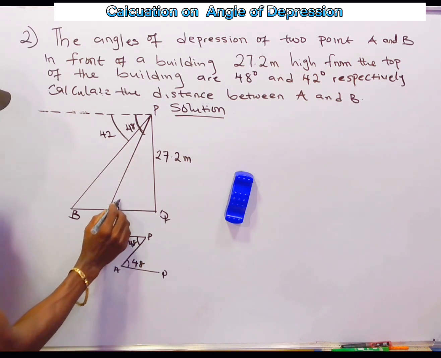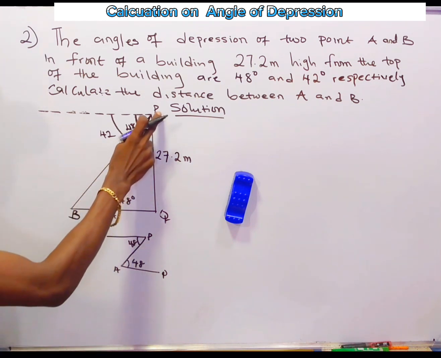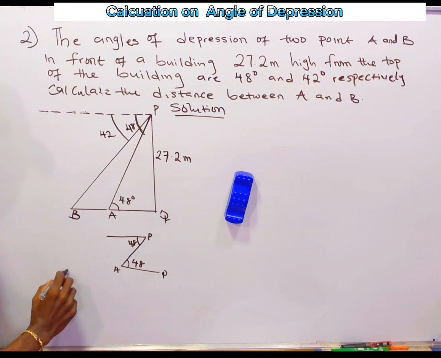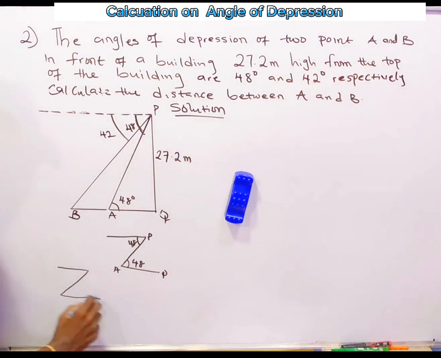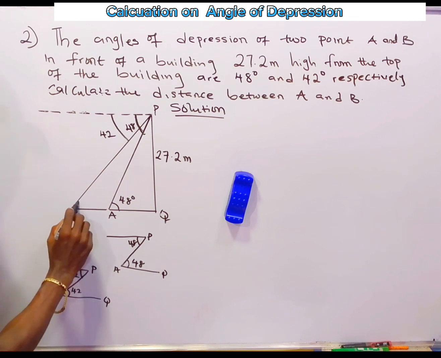So angle A is 48 degrees. Also, PBQ, the alternate angle formed from P to B, is 42. So angle B is also 42.